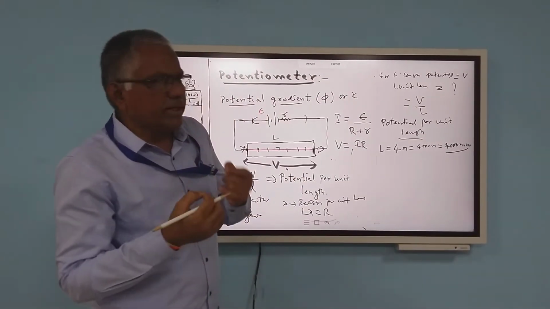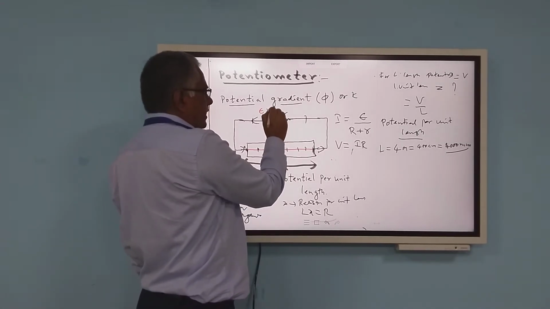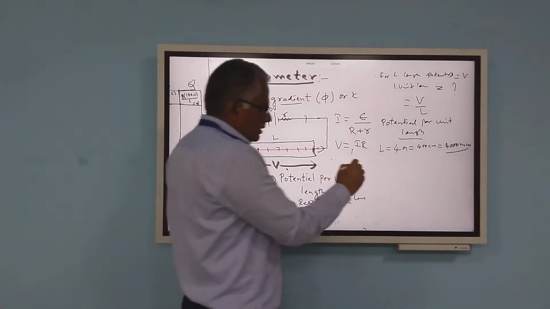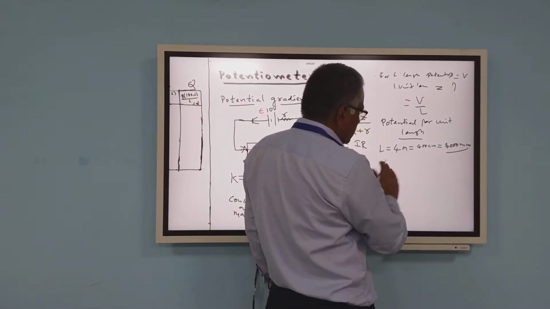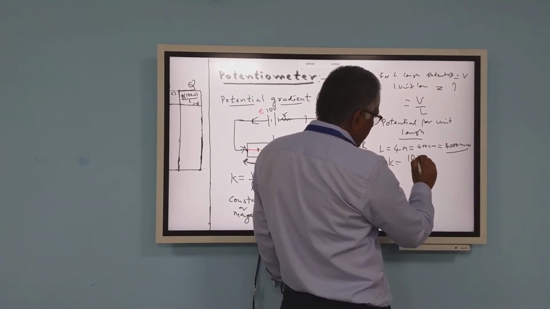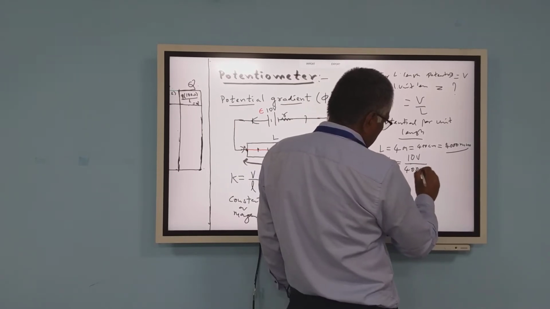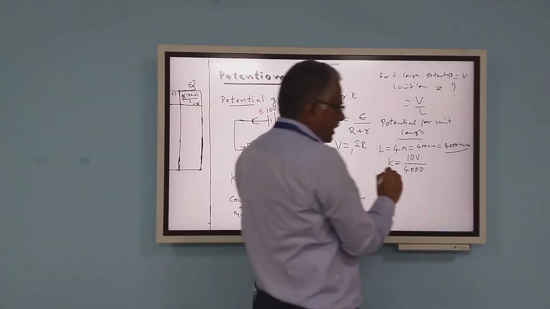For 1 millimeter, how much? Now, suppose I give 10 volt to this cell. If I give 10 volt, then how much does the potential gradient become? Potential gradient K is equal to V by L. V is equal to 10 volt divided by 4000. Let us assume that the internal resistance is 0, negligible.